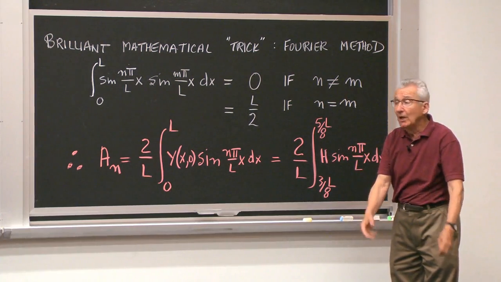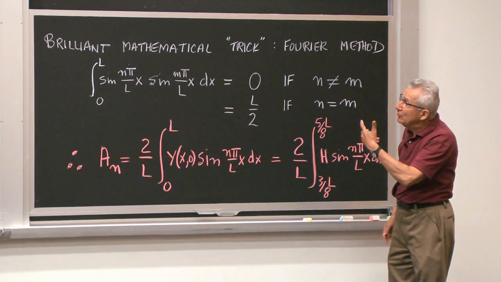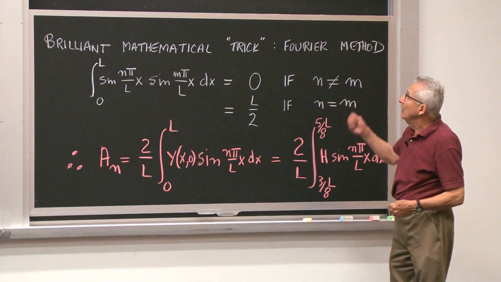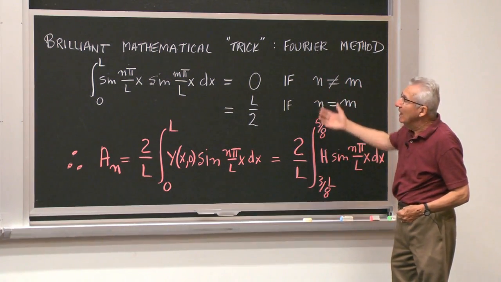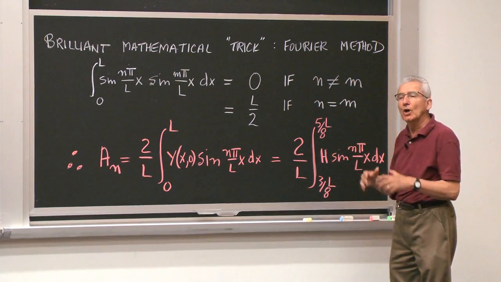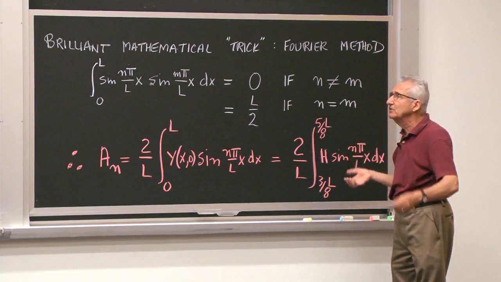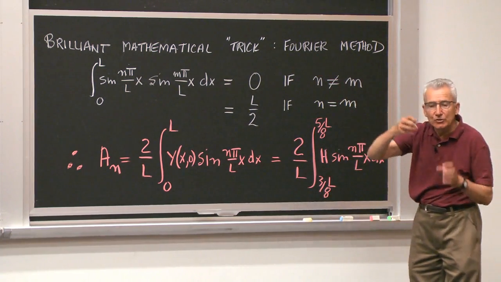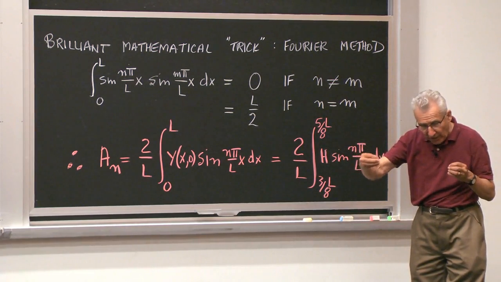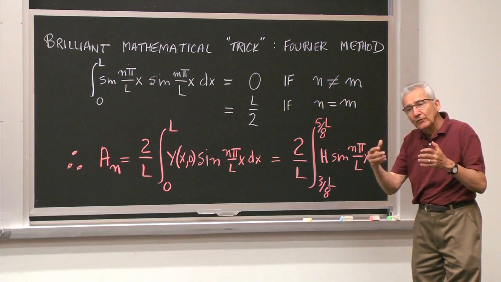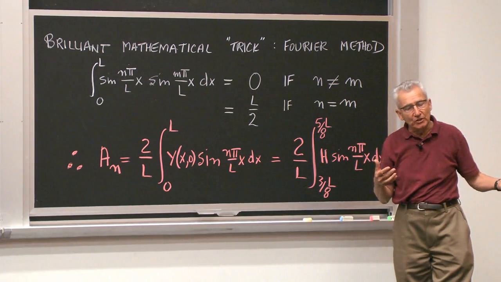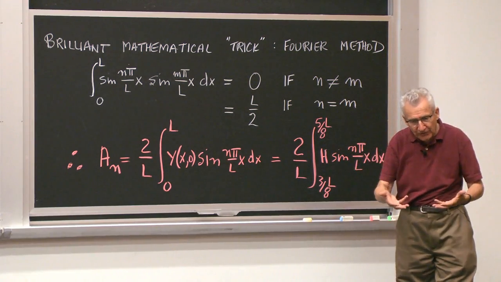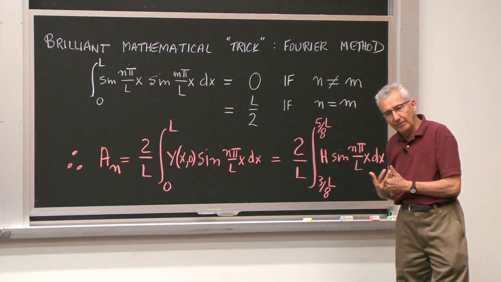It is good. And the way one changes a physical situation into one where you can apply Fourier's theorem, which only applies to periodic functions, is to take your original shape and out of it create a periodic function. Once you've done that, you can use Fourier's theorem.